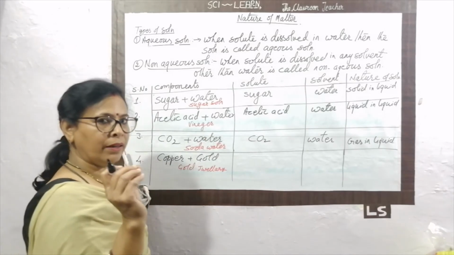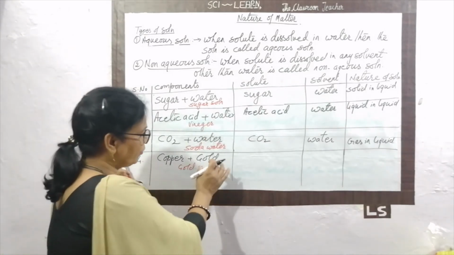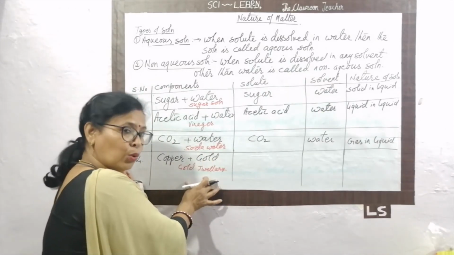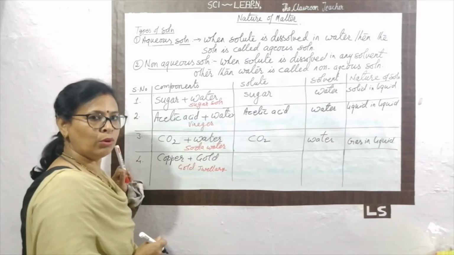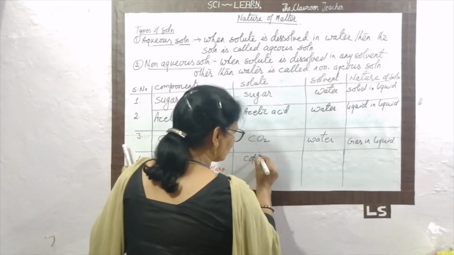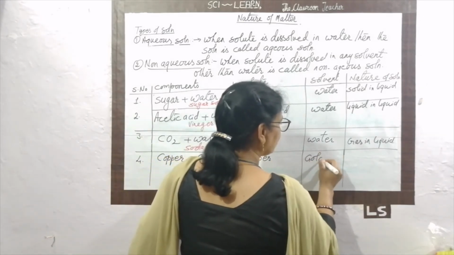What is in the lesser amount? Definitely the amount of gold is more, and the amount of copper is less. So what is the solute here? The solute is copper. What is the solvent here? The solvent is gold.